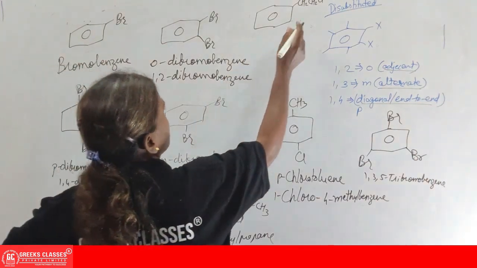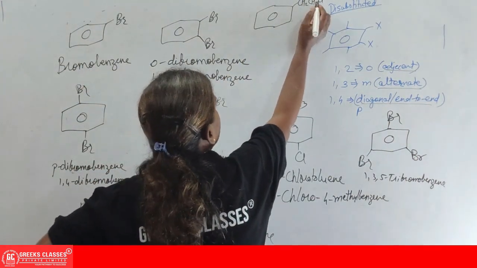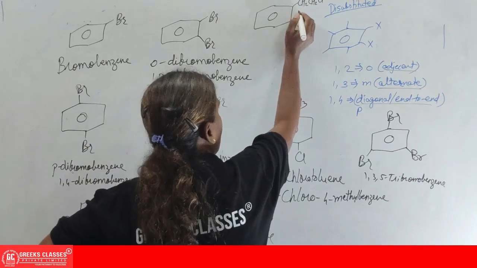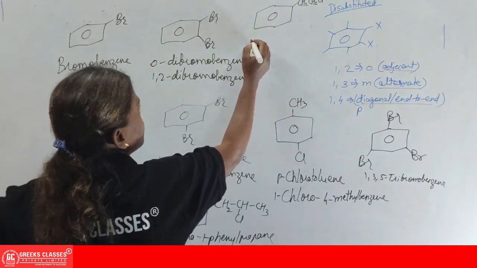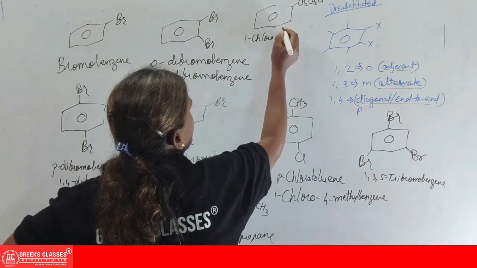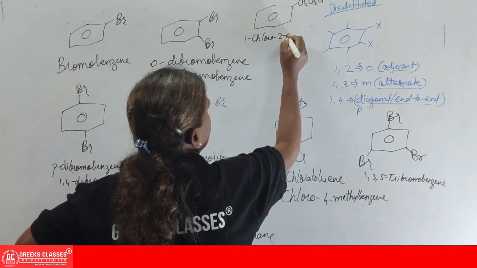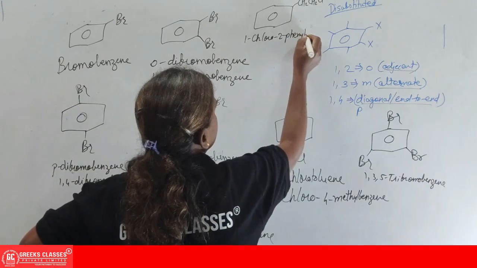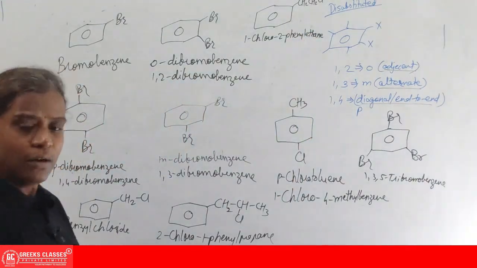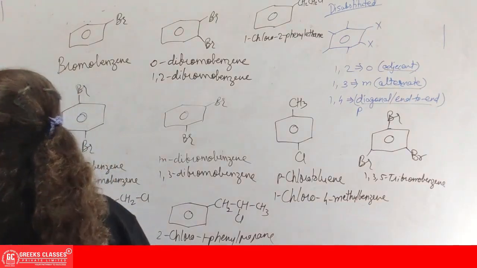But because there is chlorine as a substituent and also the phenyl ring as a substituent, it will be 1-chloro-2-phenylethane. Okay, clear? So this is all about nomenclature.